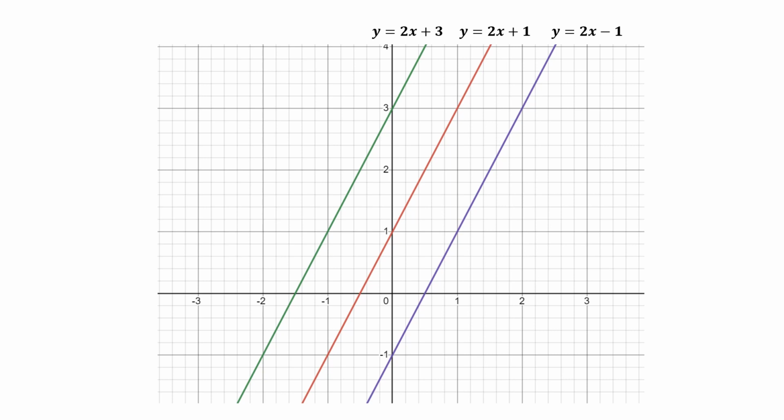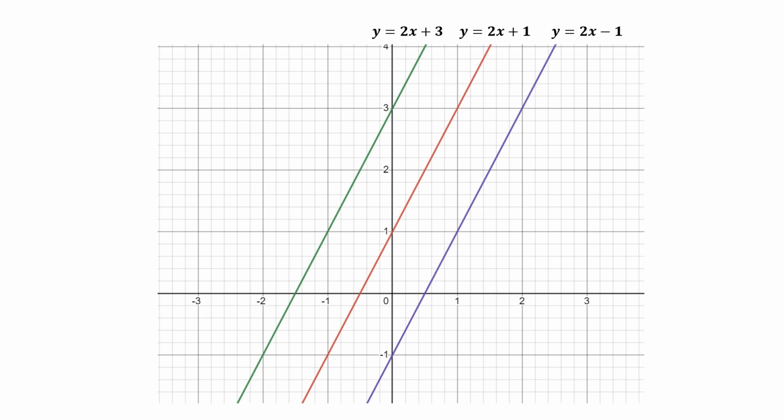Now, if you look at the top, where I've plotted the equation of the straight line, you might notice that the term on the right-hand side of the equation, next to the x, actually represents where the line crosses the y-axis.